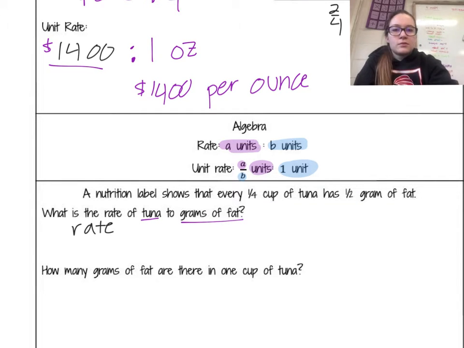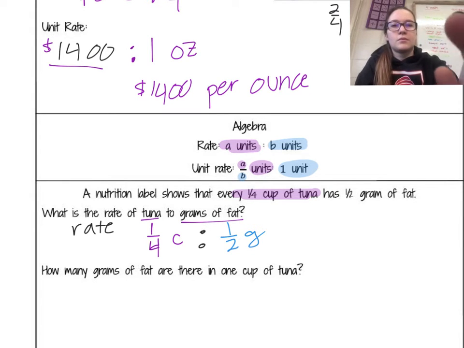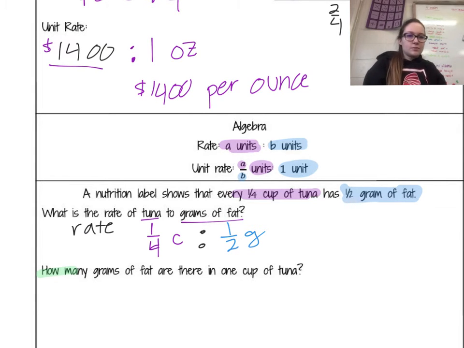So there is 1/4 cup of tuna to 1/2 gram of fat, okay? We got that from here. Then our unit rate is how many grams of fat there are in 1 cup of tuna.